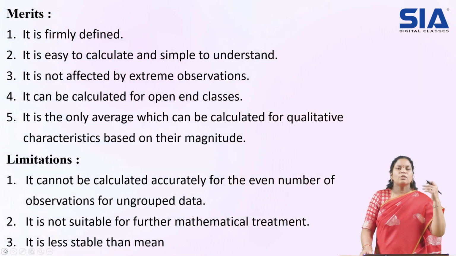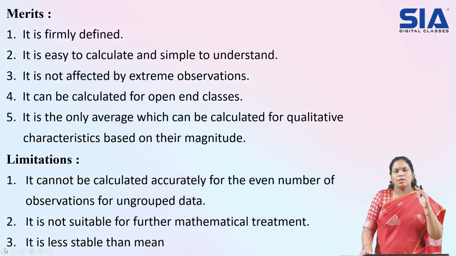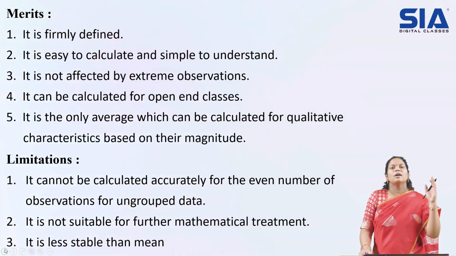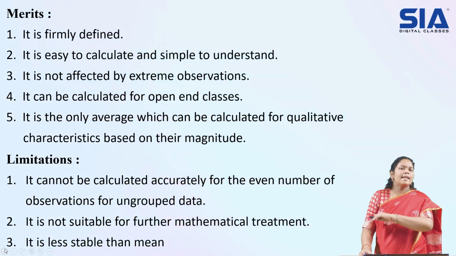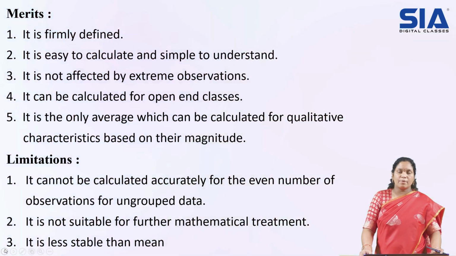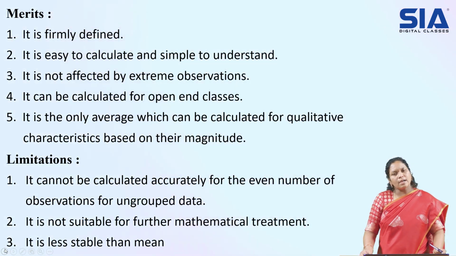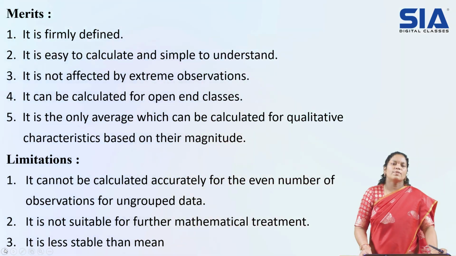Class intervals they would give as 0 to 10, 10 to 20, but not like that here. The starting lower limit they will not specify, the ending upper limit they will not specify. Such a type of data we call open-end data. It is not impacted here. Why? Because the mid value is considered. We have nothing to do with the first limit and the last limit. So for open-end classes also we can happily go for the median.